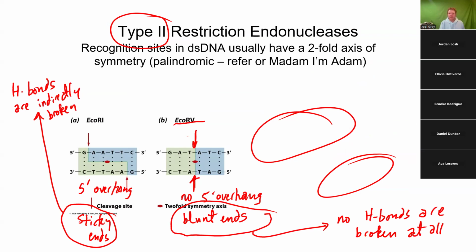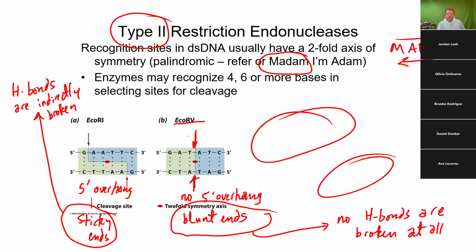And what I mean by that, a palindrome is something that when read in one direction and in the opposite direction, it's the same. So if you just took the word madam, M-A-D-A-M, in one direction, it spells madam, and in the opposite direction, it spells madam.